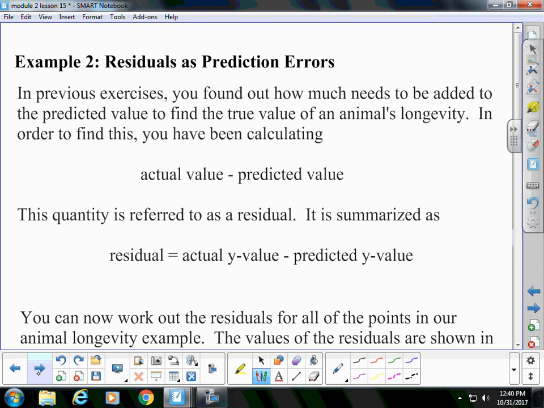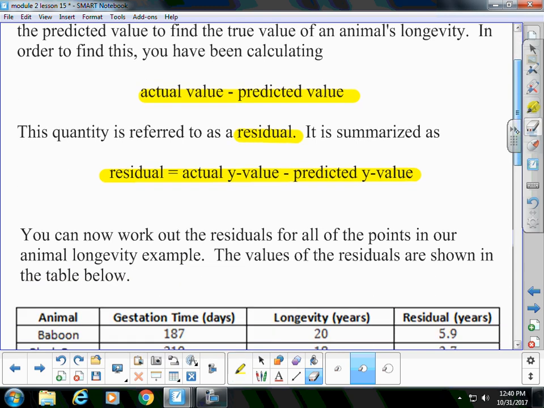This quantity is referred to as the residual, which is exactly what we were doing in yesterday's lesson. So the residual is the actual value minus the predicted value. It's summarized as the residual is equal to the actual y value minus the predicted y value.